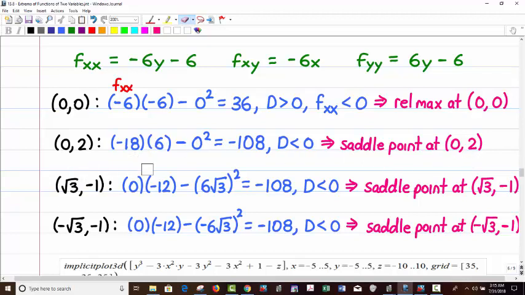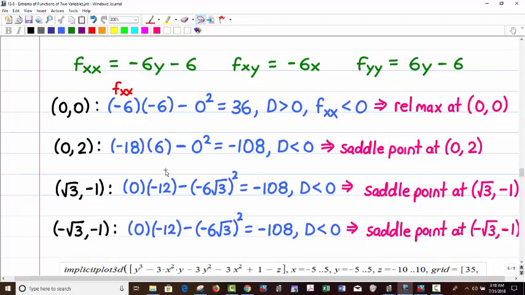Now, the two root ones here, let's see. You put in negative 1 for this one, you'll get 0. Put in negative 1, because both the fxx and fyy happen to not have x in there, so they're only y's. So that's negative 12.